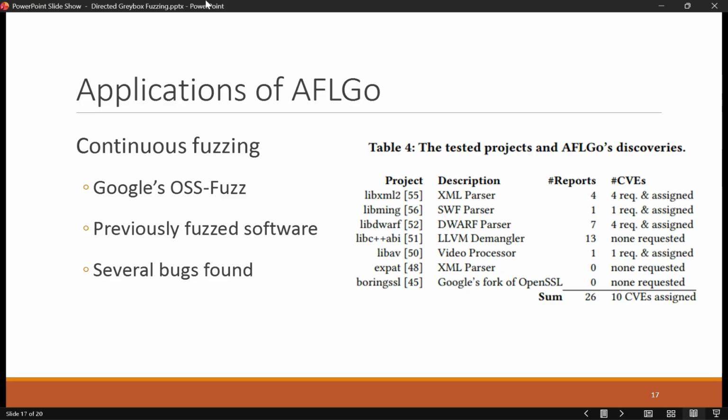As you can imagine, software that has been run through this platform has been fuzzed significantly, and they found that when they integrated AFL-Go within Google's platform, they were able to make 26 reports of bugs, and 10 of them were assigned CVEs.